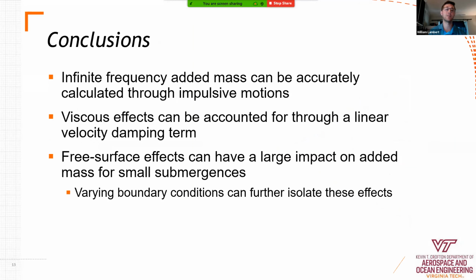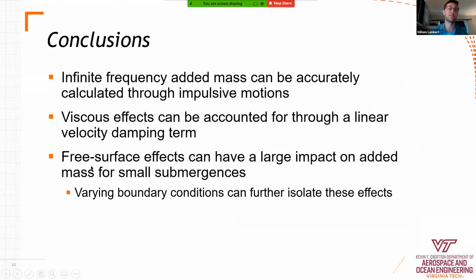So some of the main conclusions: we see that this infinite frequency added mass can be accurately calculated through these different impulsive motions, neglecting memory effects. We also note that these viscous effects can be accounted for through this linear velocity damping term, with slight corrections being made because of the virtual increase of body size.